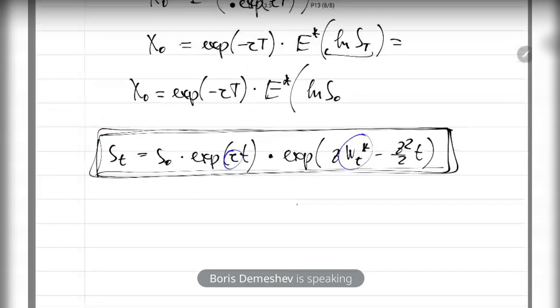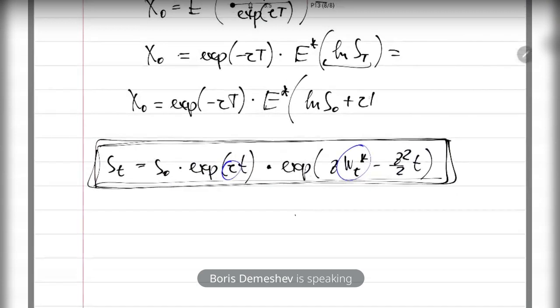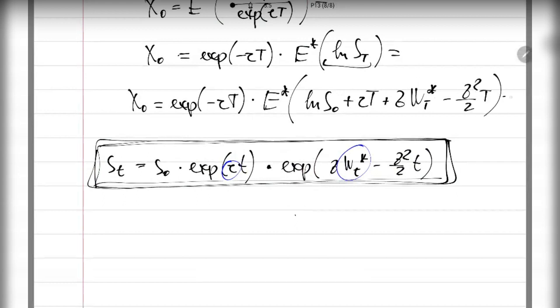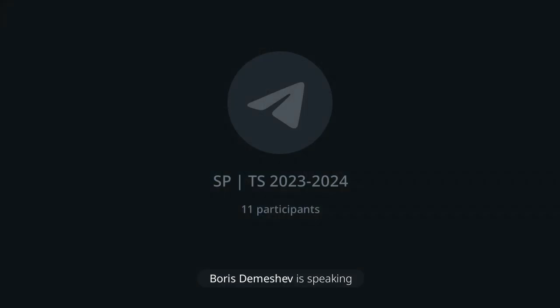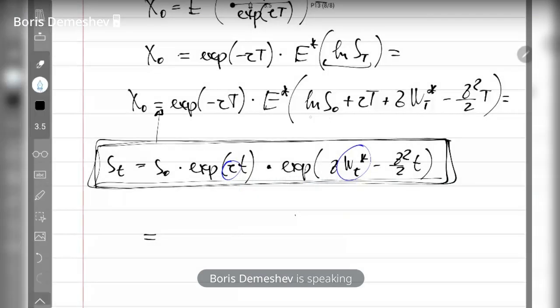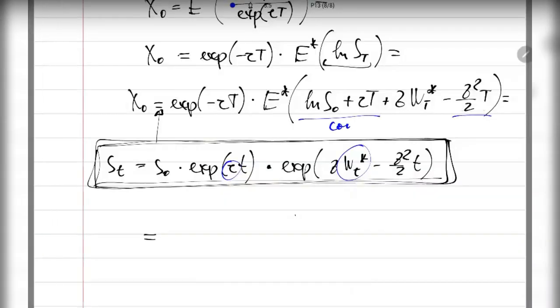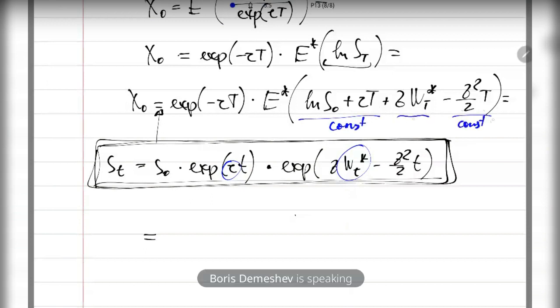So it will be ln S0 plus rT plus sigma WT star minus sigma squared over 2 times T. Everything here is a known constant, with one exception that is a random variable.